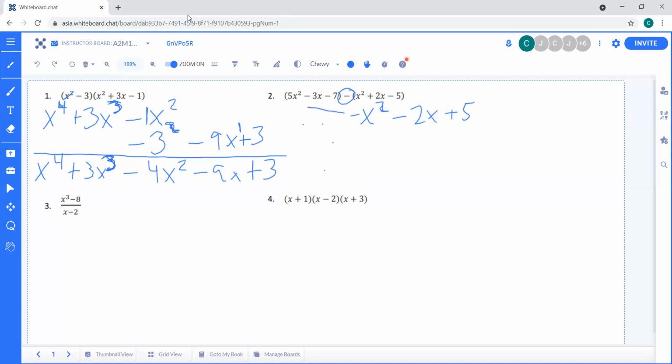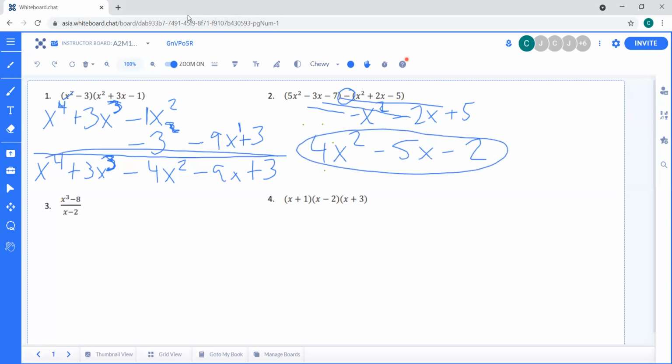So here we would have 4x squared, combine our x's, and we have negative 5x. And here we would have minus 2. Always circle your answers for me to let me know which one you're wanting me to look at.